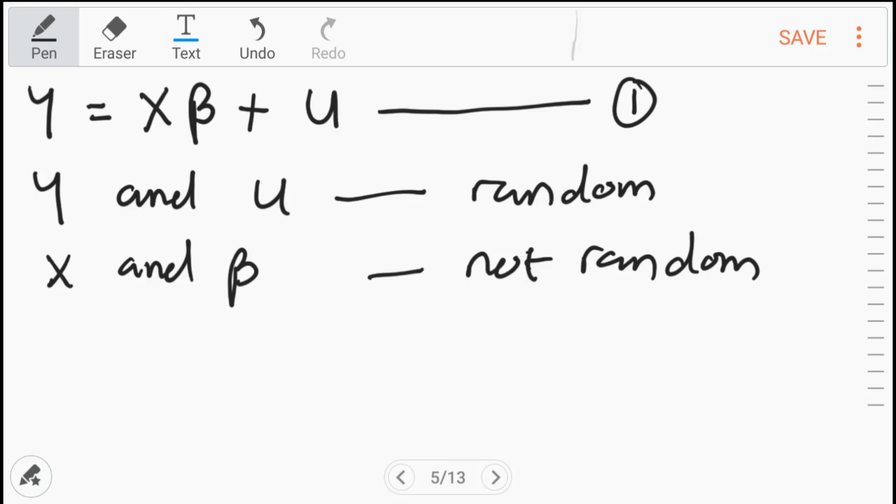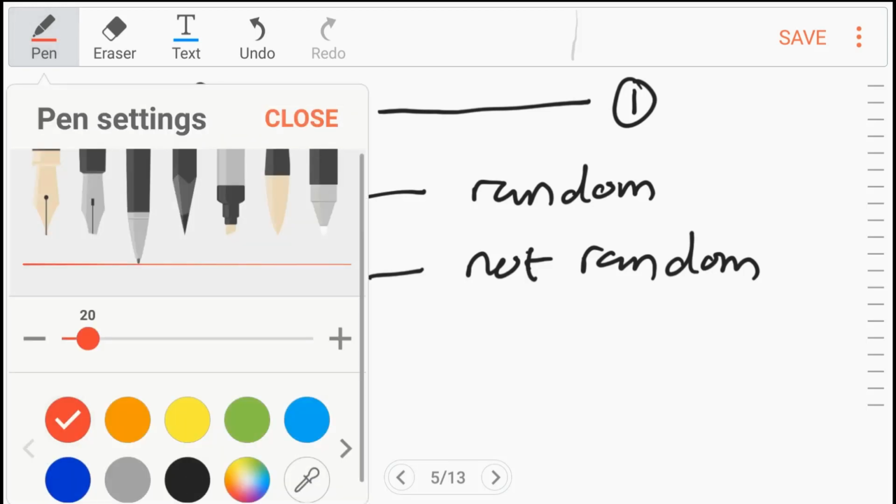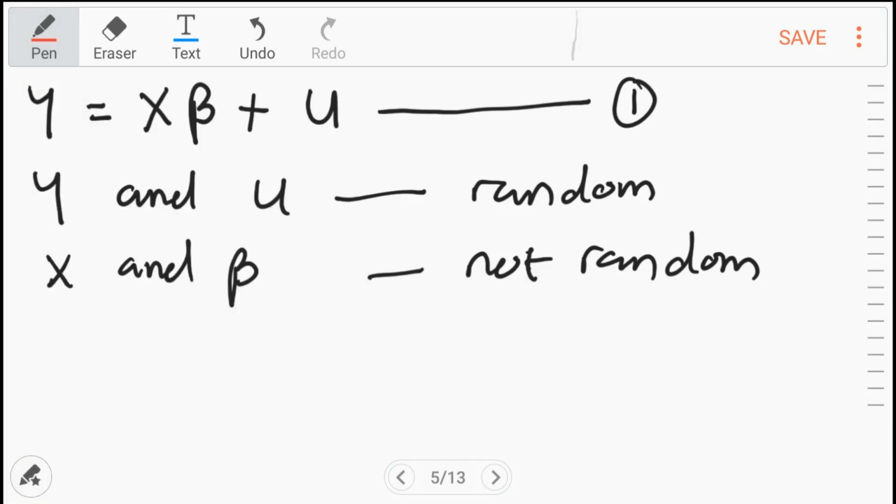Also note that in a multiple linear regression model, your y, your x, your beta, and your error term are all matrices. So everything that we are doing here, we are doing in a matrix system.